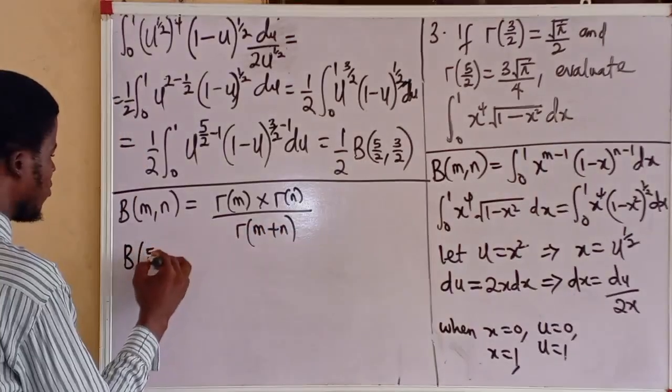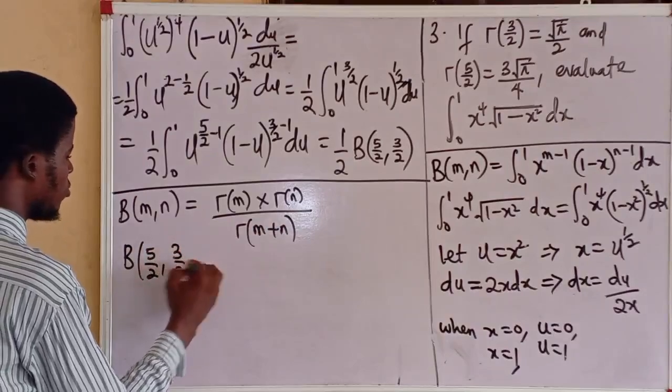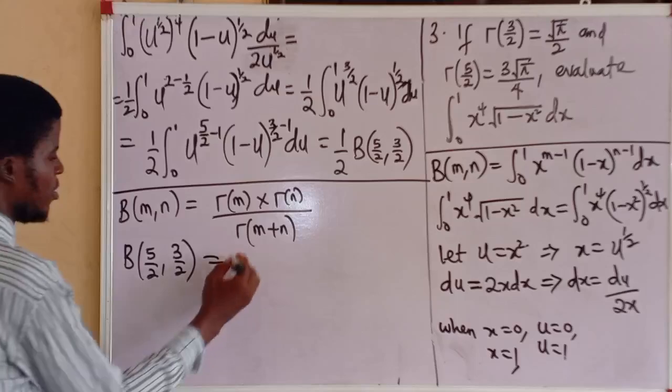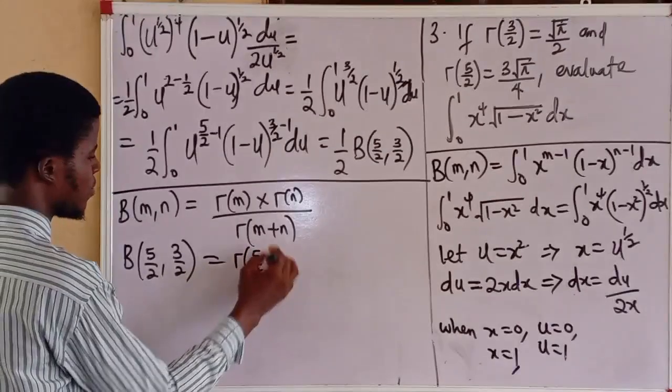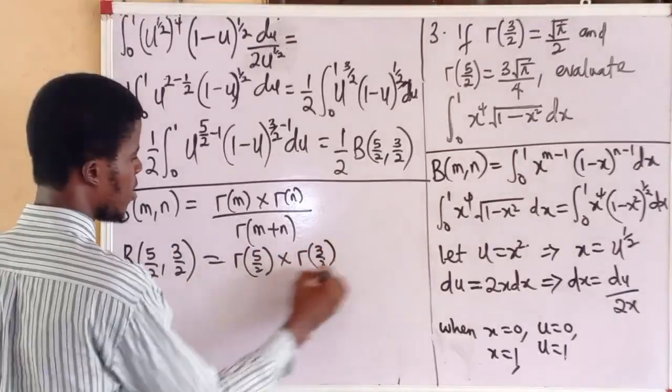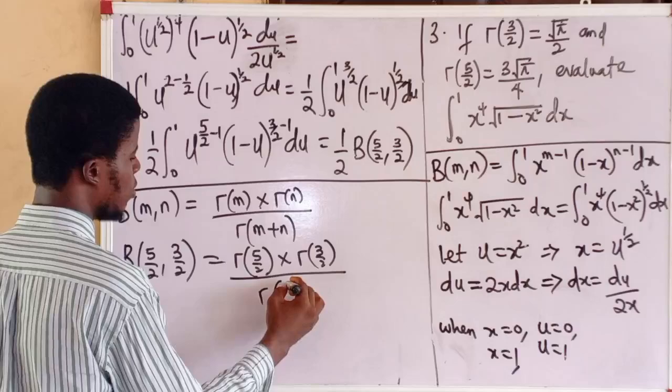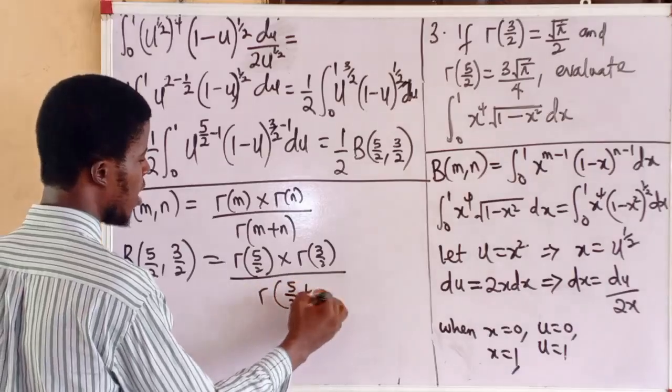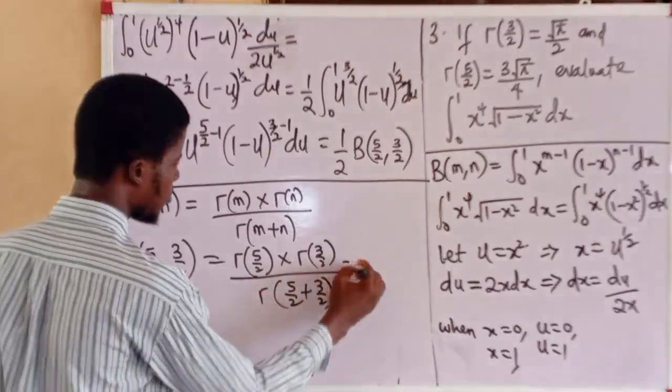Beta of 5/2, 3/2, based on this, will now be gamma of 5/2 times gamma of 3/2, all over the gamma of the sum of 5/2 and 3/2.